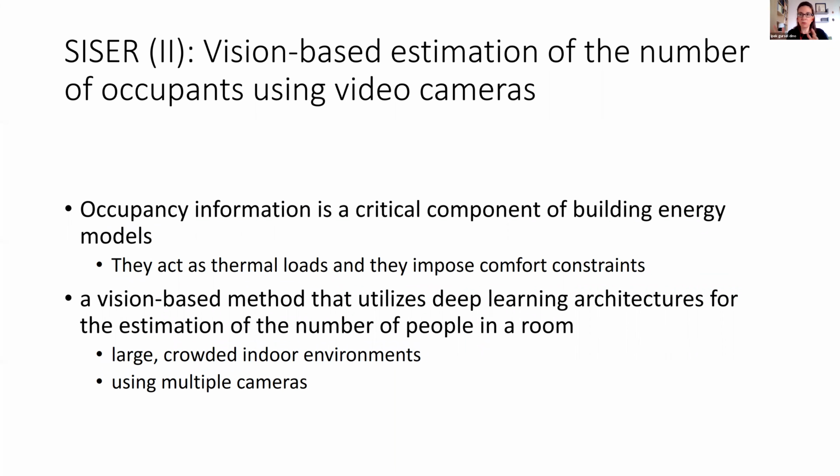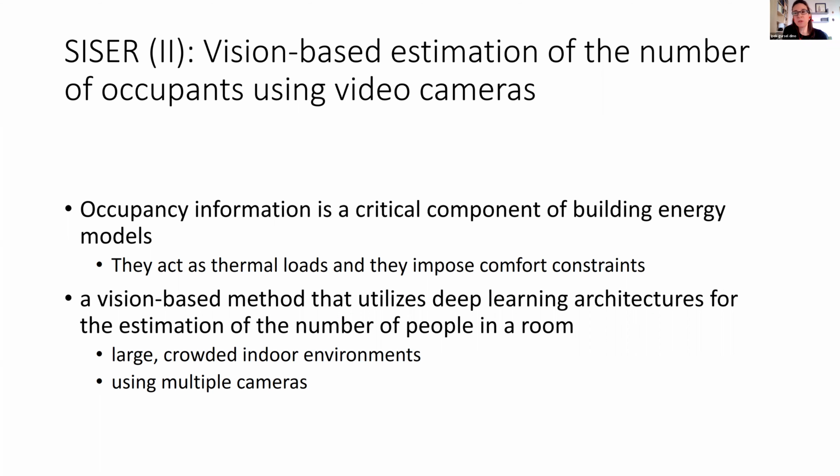The second part of the CISAR project was vision-based estimation of the number of occupants using video cameras. So initially, we could model a room using the boundaries and also the windows and doors. Now we are looking at the ways in which we can count the number of people.